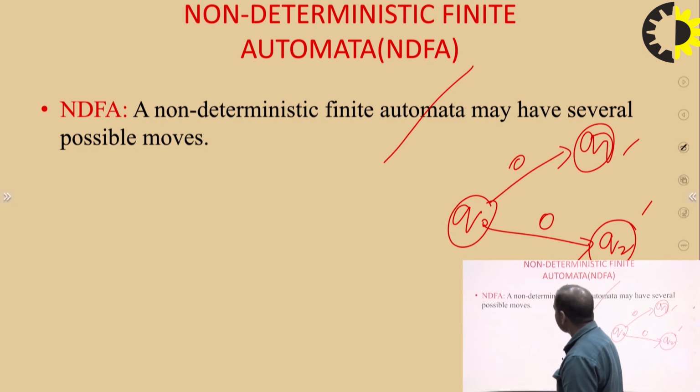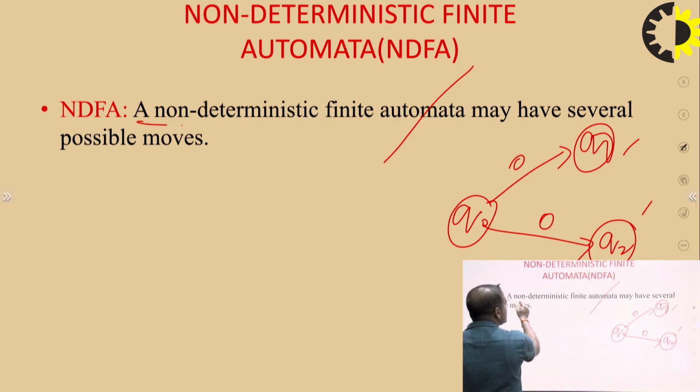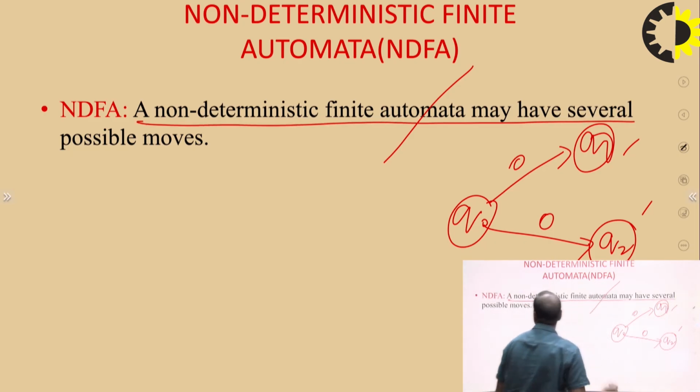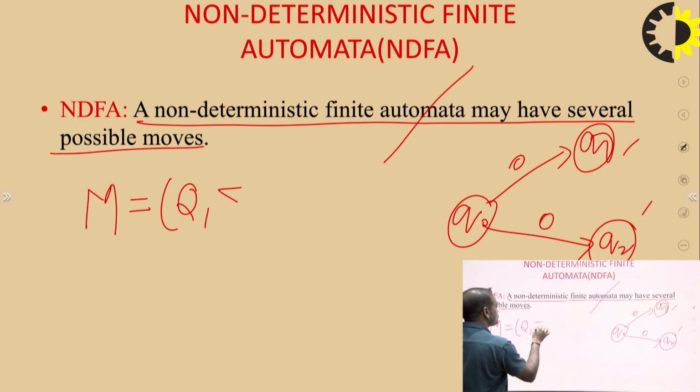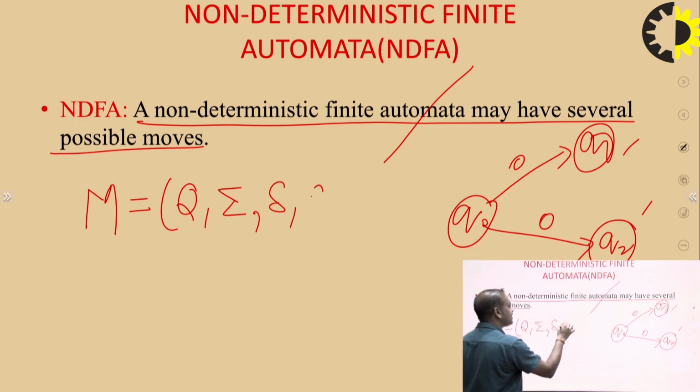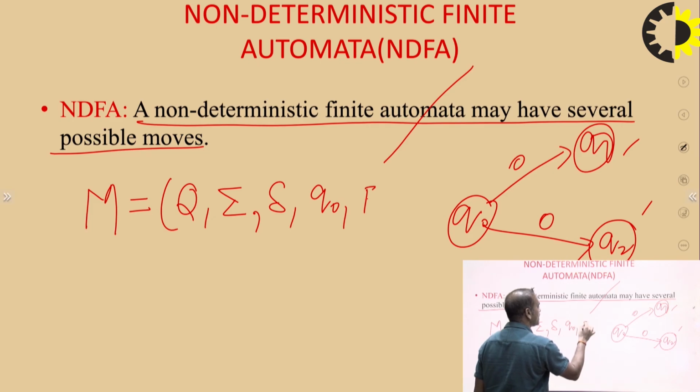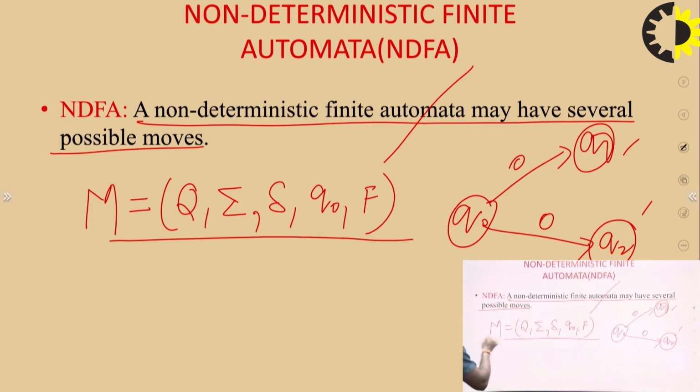Now we come to the definition. A non-deterministic finite automata may have several possible moves. We take the same machine M equal to Q, sigma, delta, Q0 and F. This is a machine which has the property of NDFA, written in symbolic form. Here the meanings are the same.